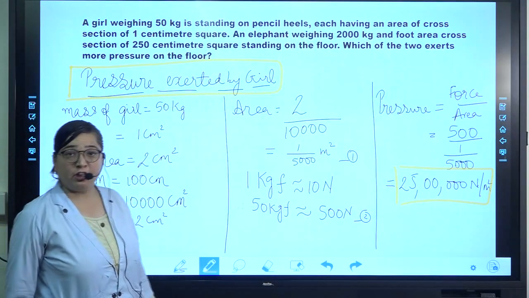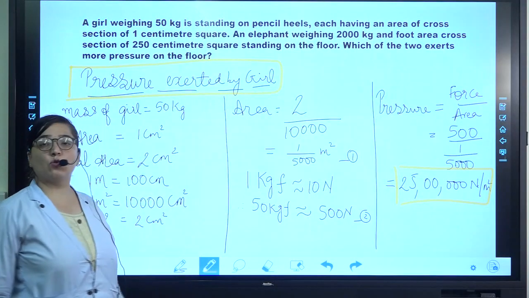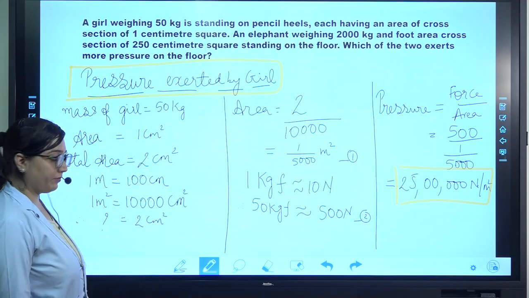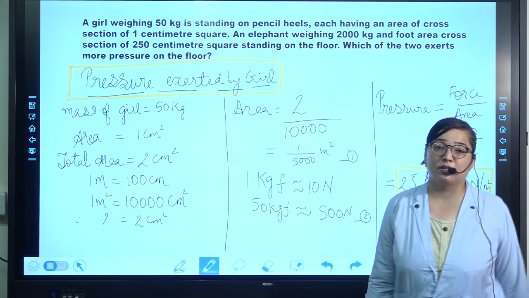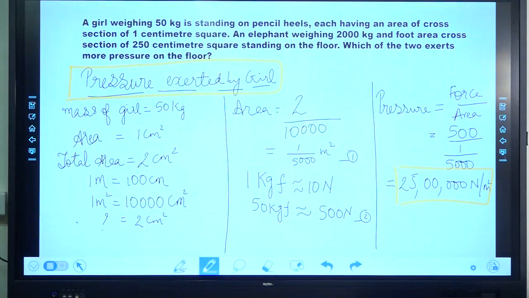Before we go further, just read this once. Just go through it. The numerical is yet left out and I am going to complete it just now. You just have to read it.